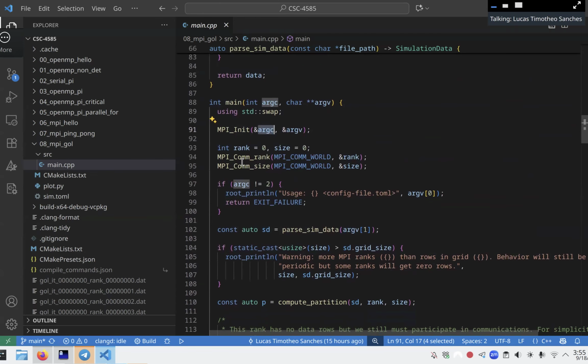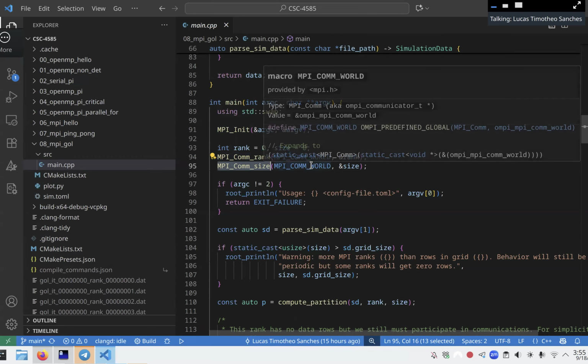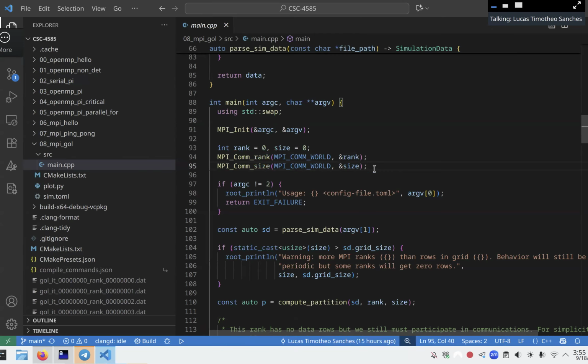Okay, so here we have two calls that you're going to see in almost every MPI program. I wish I could say all of them. Which is MPI comm rank and MPI comm size. Again, this is an old-timey C library, so it doesn't return values. You give it buffers, and it fills the buffer with the value.